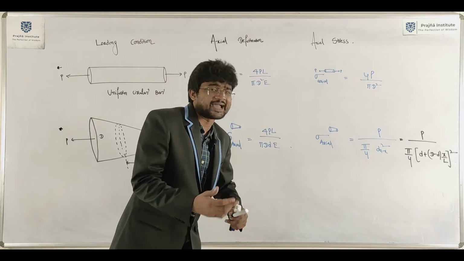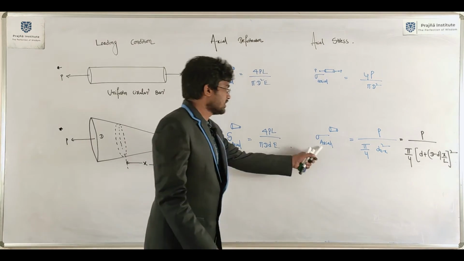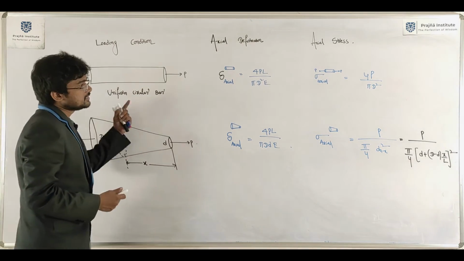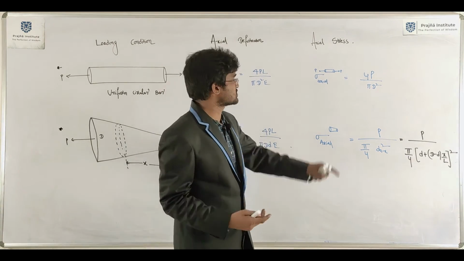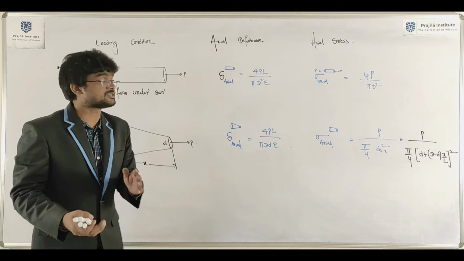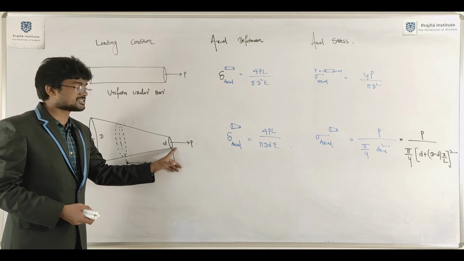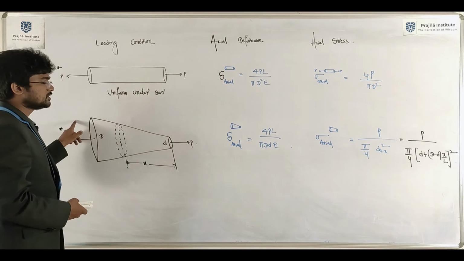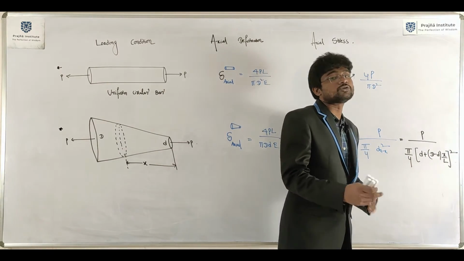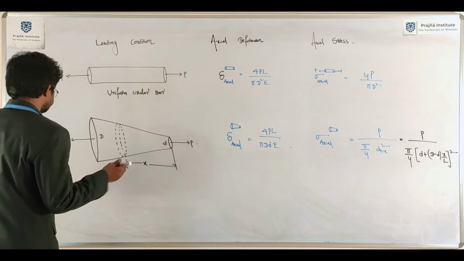You can't define normal stress throughout the bar like in the uniform circular rod. What is the stress in the uniform circular rod? 4P by pi d square. But here they should specify a particular cross section because stress is continuously varying from here to here. Once they specify x equal to something, then you can get it.